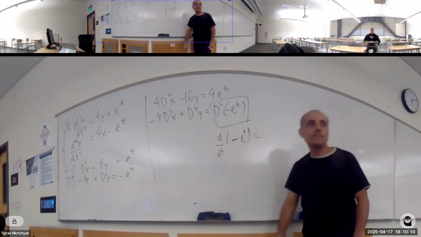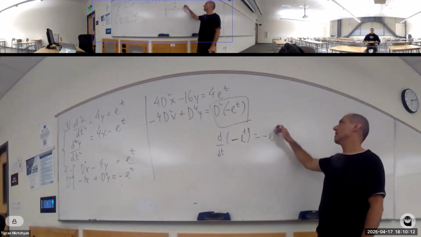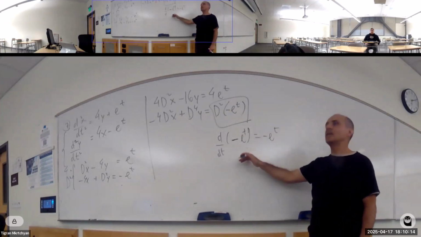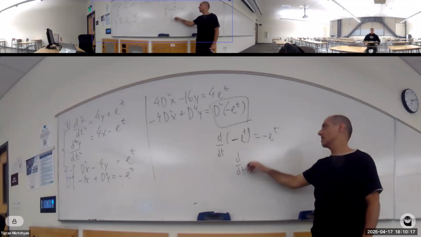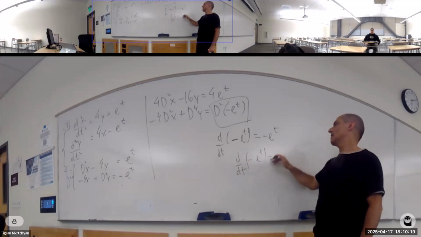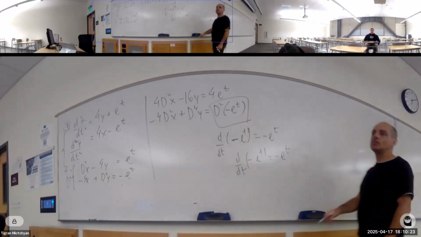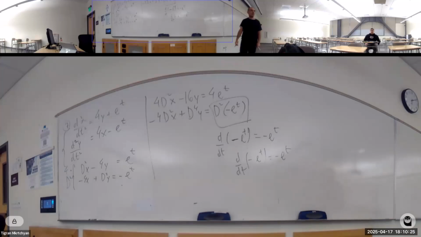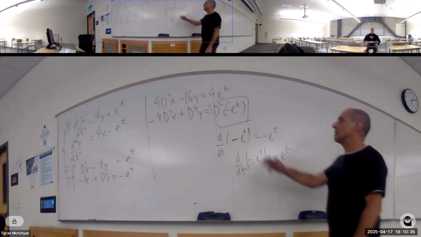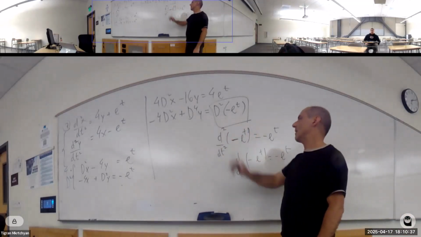Which will be what? And then take the derivative again, you get what? So if you take the derivative of negative e to the t twice, you get negative e to the t. So I'm going to replace it by e to the negative t in the next step. Questions there? And sometimes people write second derivative like that.